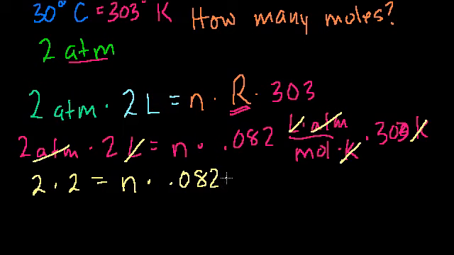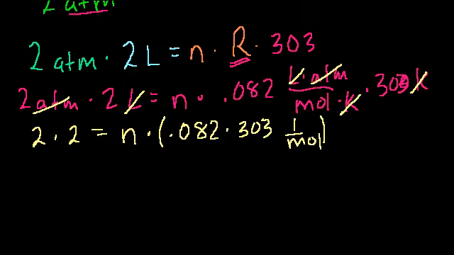And so we have 2 times 2 is equal to n times 0.082 times 303, and then we have just a 1 over mole. So to solve for n, or the number of moles, we divide both sides of this equation by all of this stuff. So we get 4, 2 times 2 is 4, divided by 0.082 divided by 303.